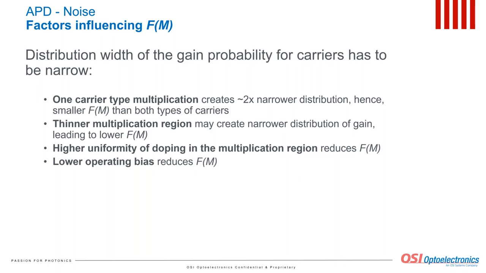This creates twice narrower distribution and hence smaller excess noise factor. Second, a thinner multiplication region may create a narrower distribution of the gain and hence lower F factor value. Third, a higher uniformity of doping in the multiplication region also makes the distribution narrower and reduces the excess noise factor value. And of course, the last, lower operating bias reduces F factor value as well. We will discuss some of these approaches later during this presentation.